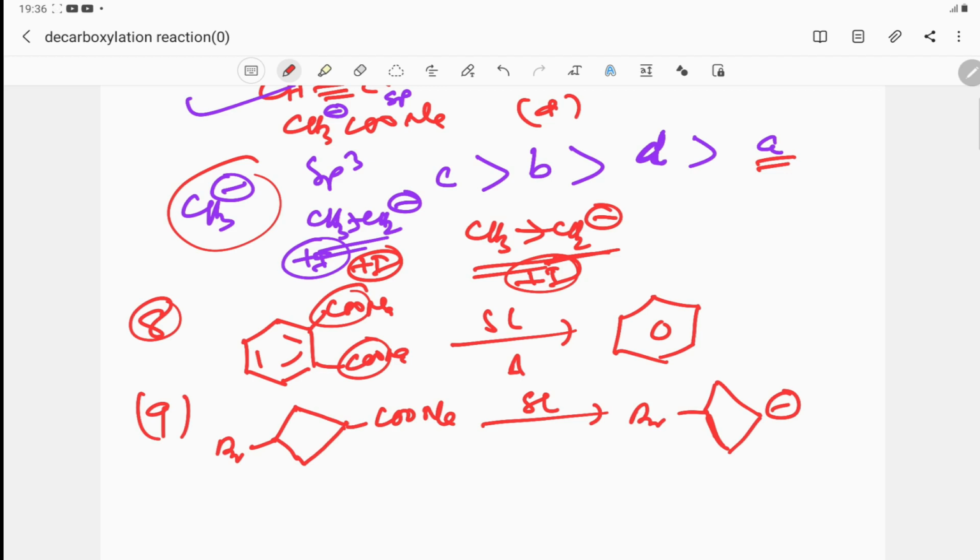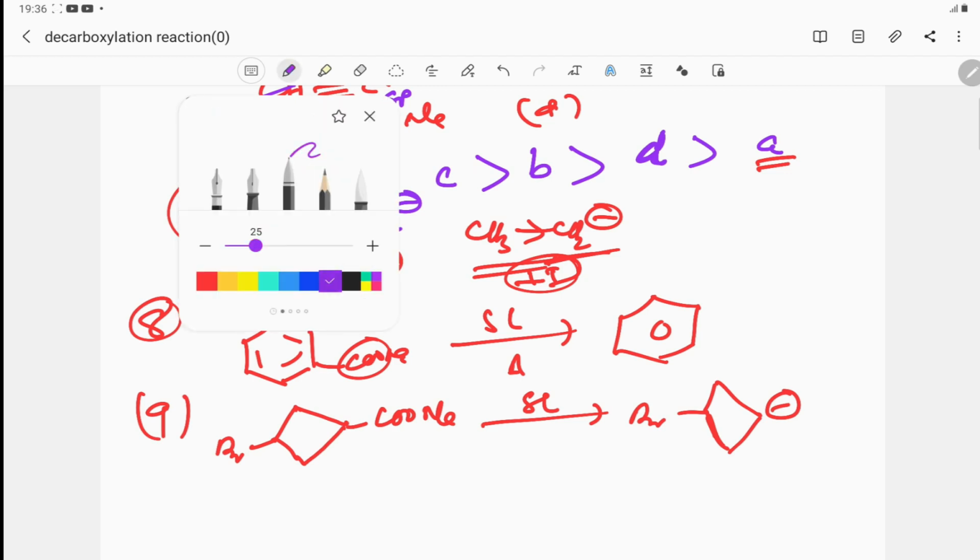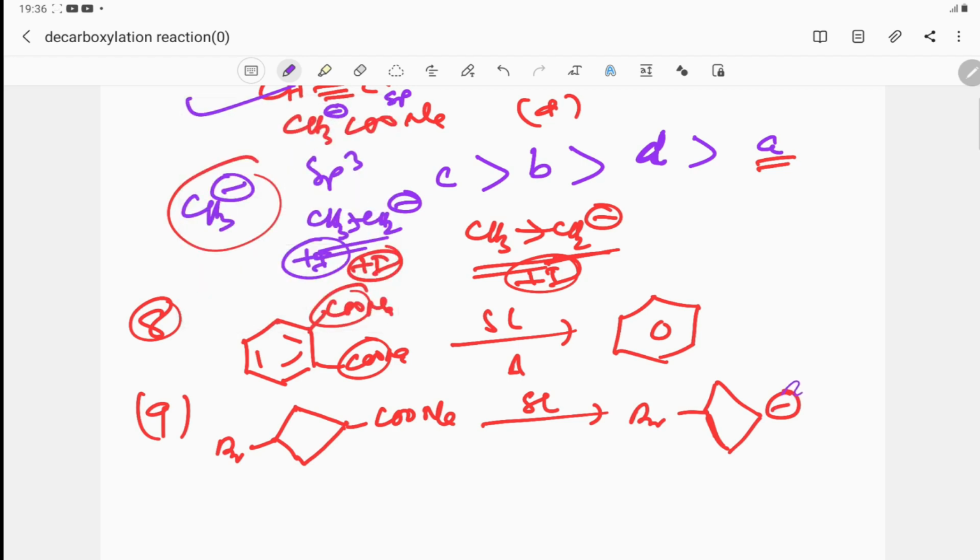If you see this carbanion, what happens? It delocalizes this negative charge to this, with loss of bromide, Br minus, because the carbon attached to bromine is more polar. That's why the negative charge attacks the carbon attached to bromine. So the product will be this product.